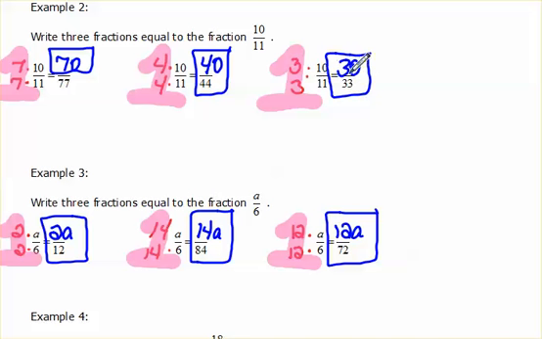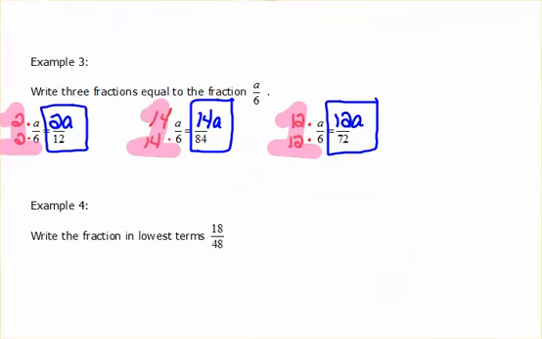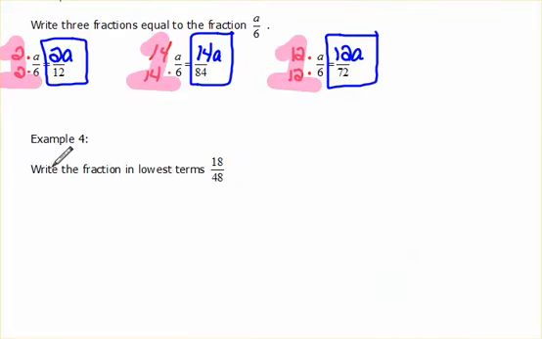We multiplied to get what appeared to be a larger fraction, even though it's the exact same, but it had bigger numbers anyway. So if I were going to go backwards, I would have to do the opposite of that. Instead of multiplying, we're going to have to divide. So this one that says write the fraction in lowest terms, we've got 18 over 48.